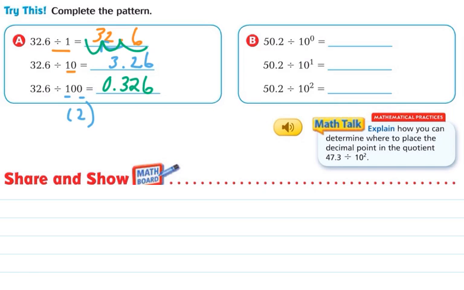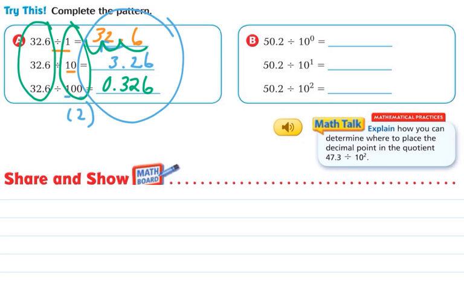Now, boys and girls, keep in mind that this is our dividend, this is our divisor, and lastly, this is our quotient. I like to always evaluate the exponents out.